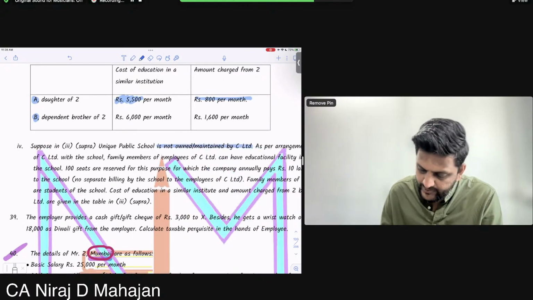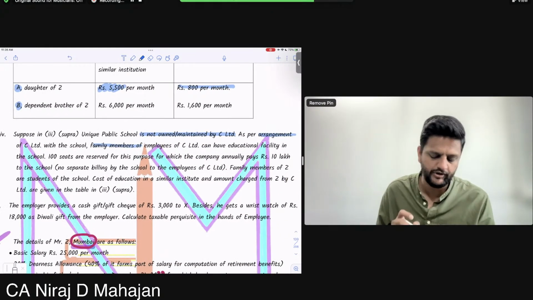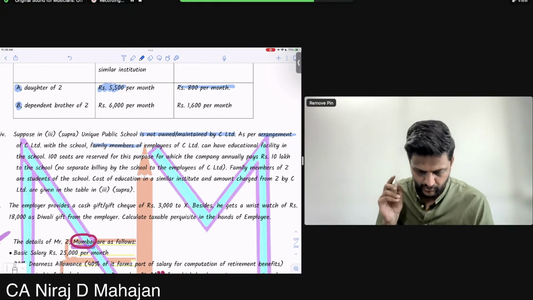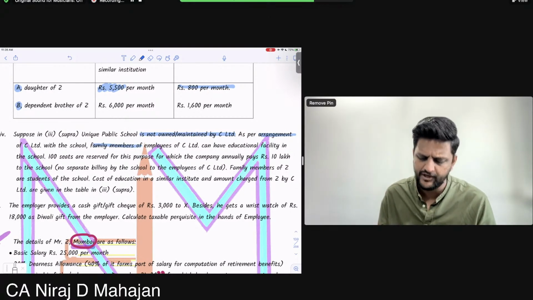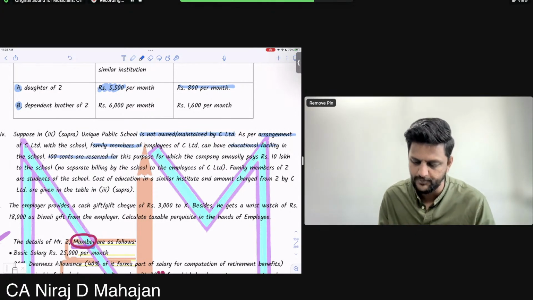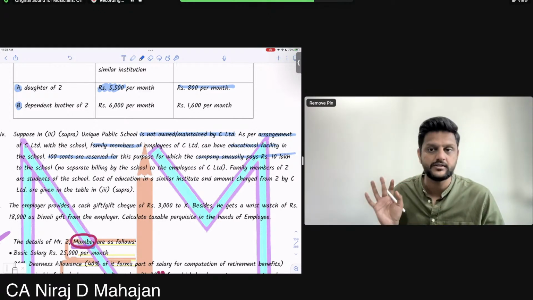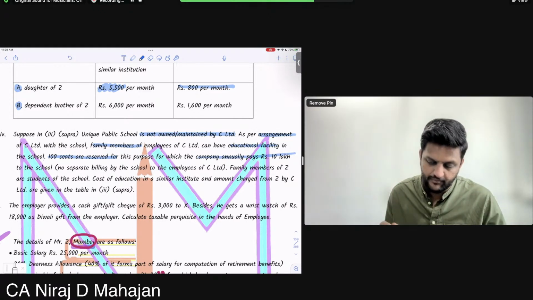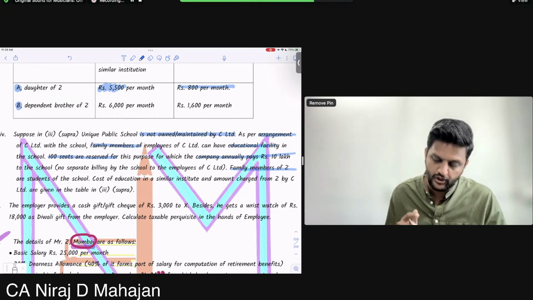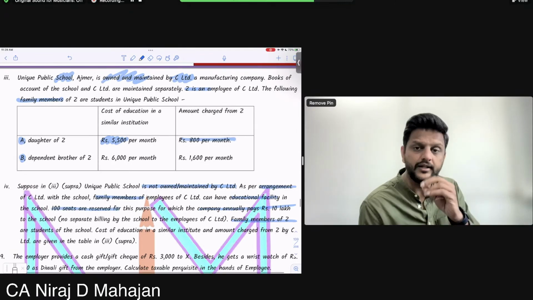But as per arrangement between the company and the school, family members of employees can have educational facility in the school. 100 seats are reserved for this purpose, for which company annually pays 10 lakh rupees to the school. No separate billing by school to the employees. Family members of Z are students of the school. Cost of education in a similar institute is also given in the same table. Basically, all the details are same.